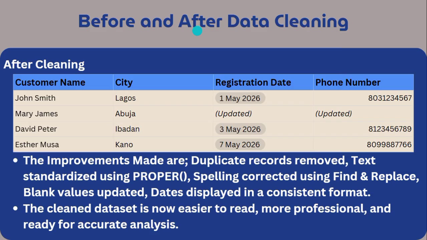We have corrected spelling using find and replace. Blank values have been updated. The dates are now displayed in a consistent format. When you see this data now, it looks cleaner, easier to read, more professional, and ready for accurate analysis.